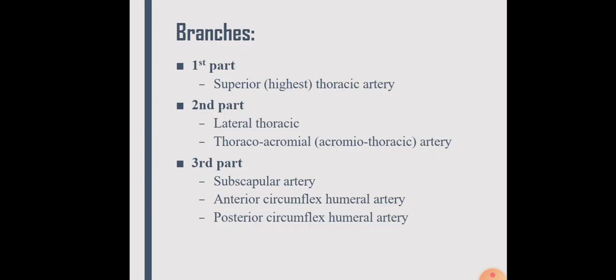Okay, these are the branches. From the first part, the highest or superior thoracic artery. From the second part, the lateral thoracic artery and thoracoacromial artery. From the third part, the anterior circumflex humeral artery, posterior circumflex humeral artery, and subscapular artery.